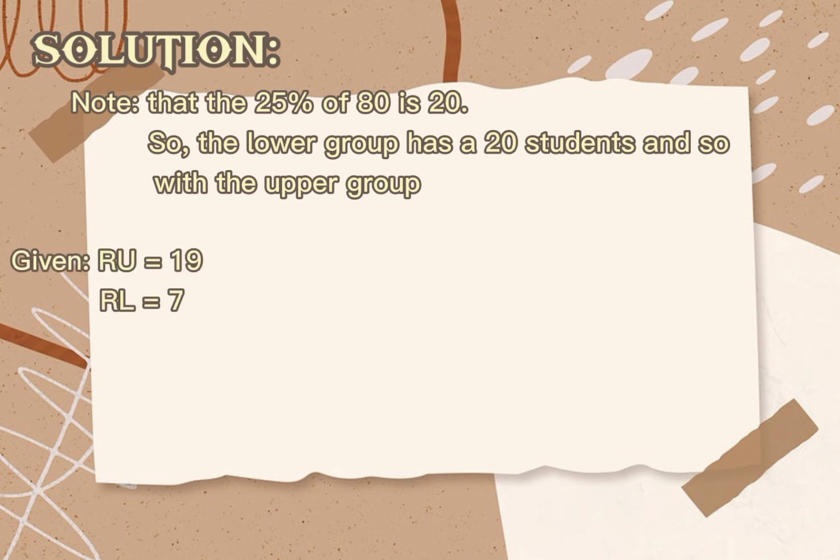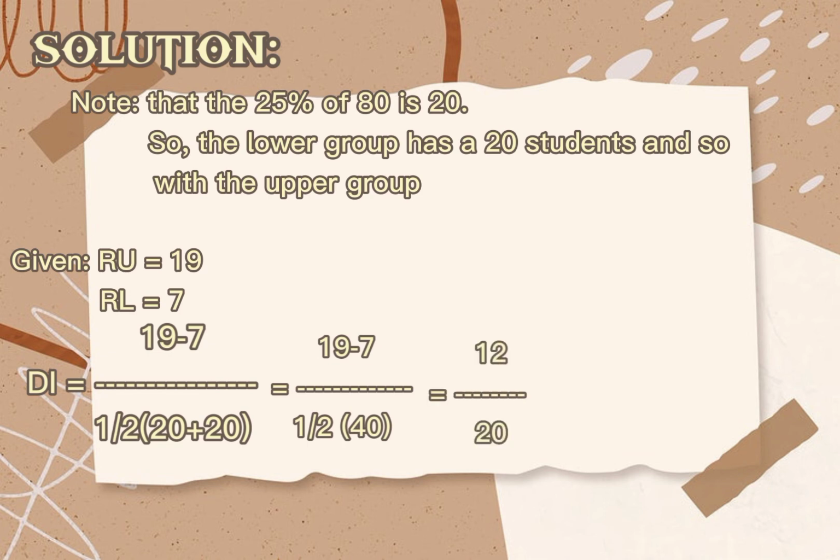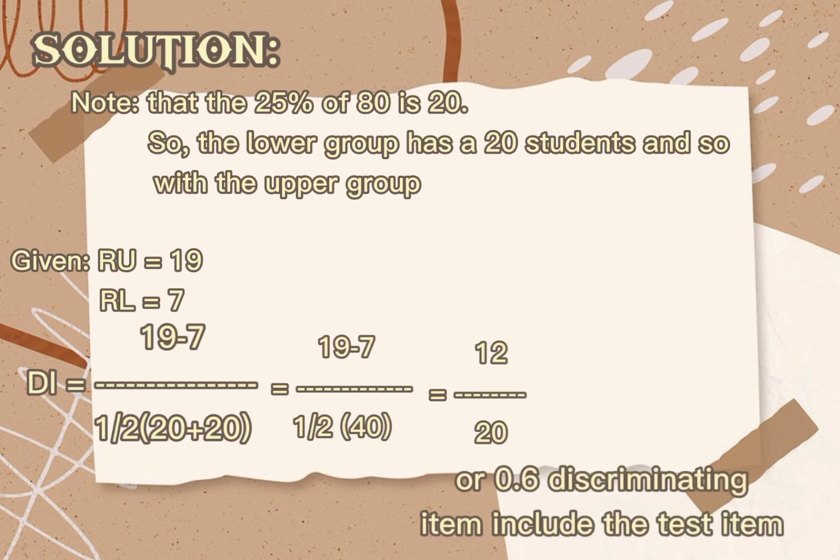The given are: RU is equal to 19, RL is equal to 7. So, DI is equal to 19 minus 7 over 1/2 of 40, and it's equal to 12 over 20 or 0.6. It is a discriminating item, so include the test item.